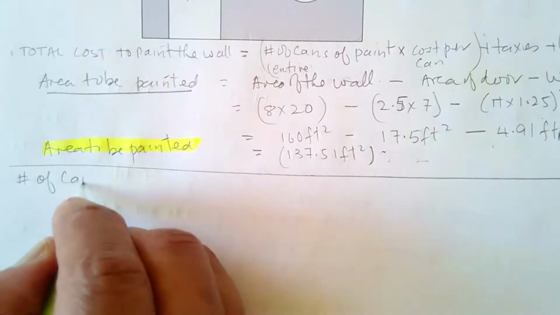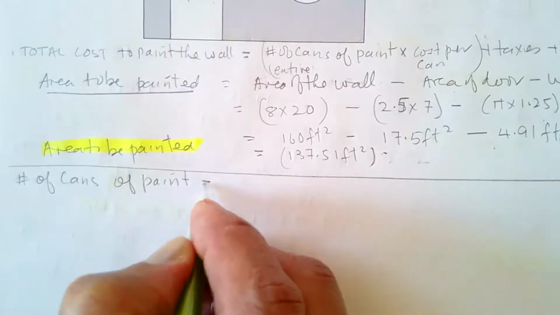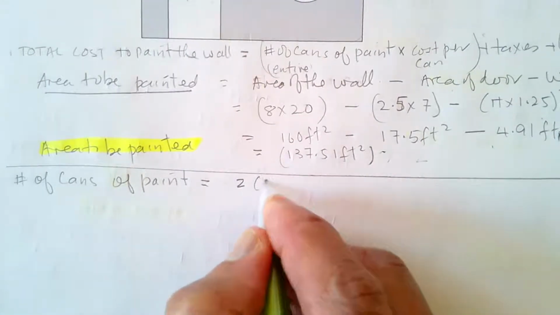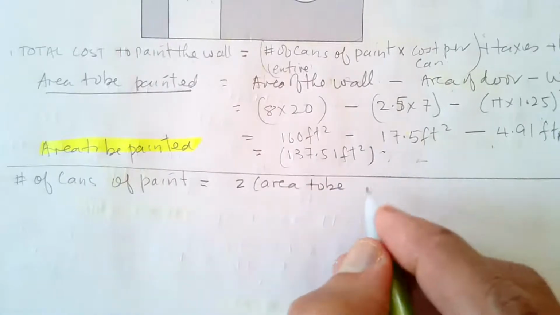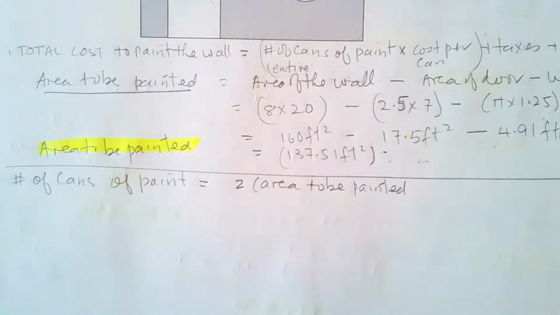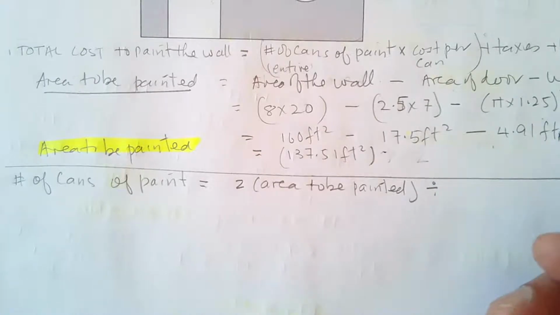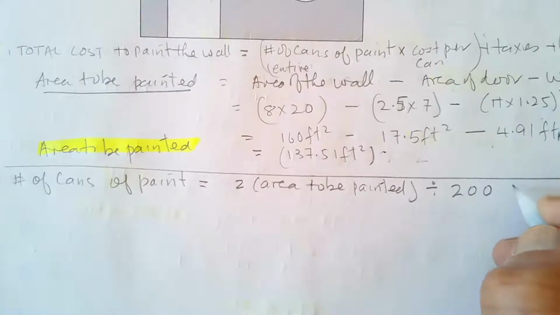The number of cans of paint, which is what we're trying to find, is equal to 2 times the area to be painted, because you have 2 coats of paint, divided by the area each can of paint can cover.